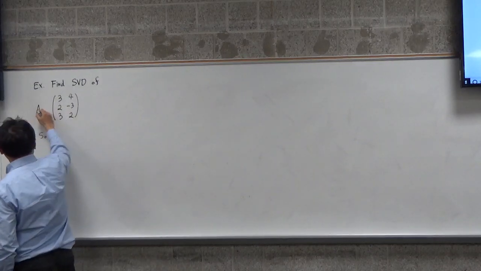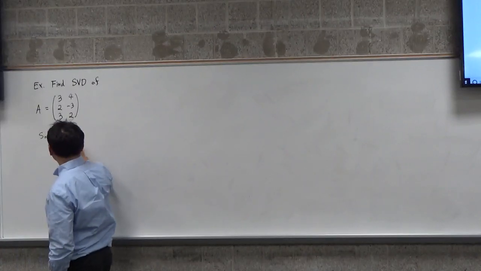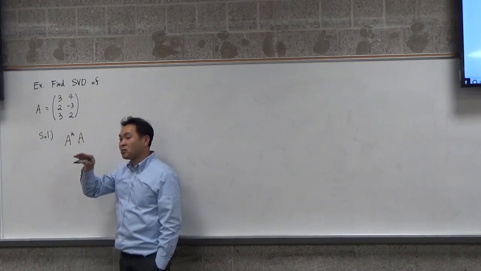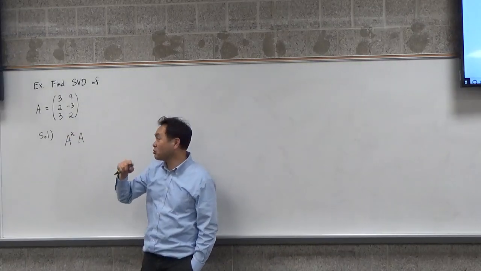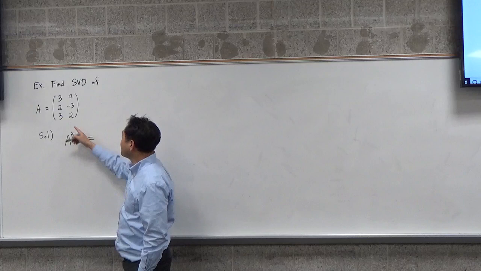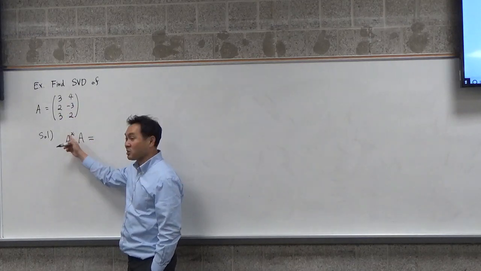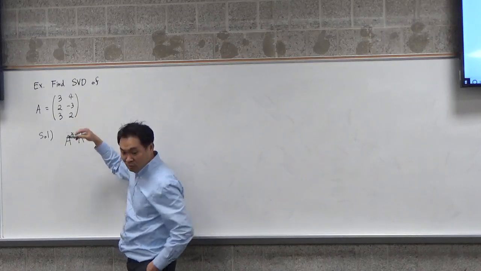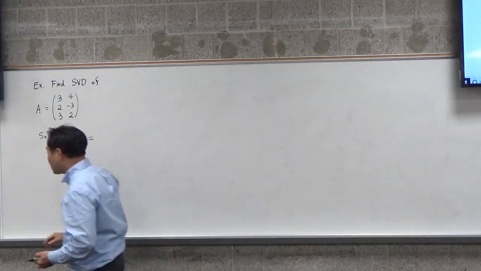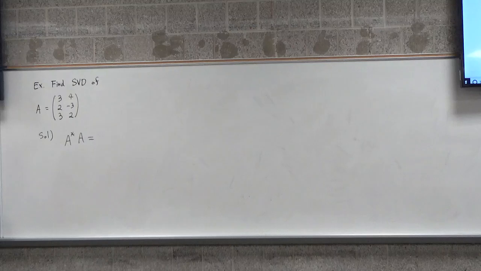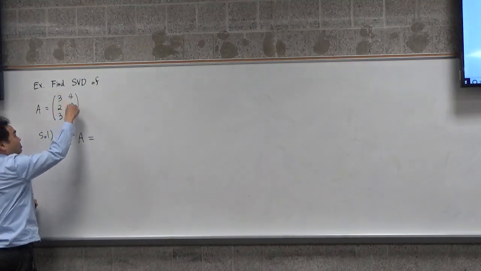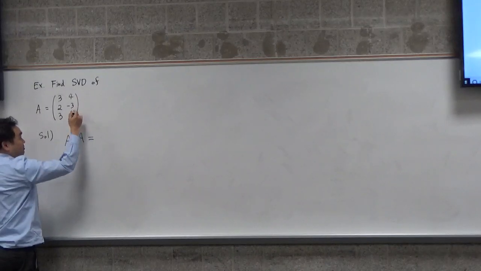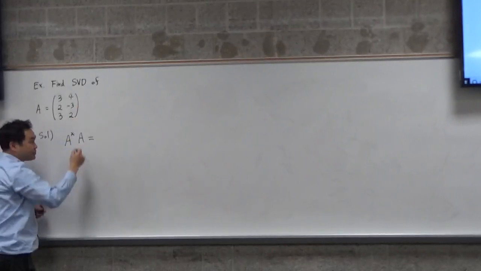If I call this A, then you take A star A, where star means you take the complex conjugate and you take the transpose. Since all these numbers are real, the complex conjugate doesn't do anything, so the only thing being done is just taking the transpose. Now when you do the transpose, the diagonals stay there, so these don't change, but 4 and 2 will switch places, and 3 will go over here, 2 will go over here.